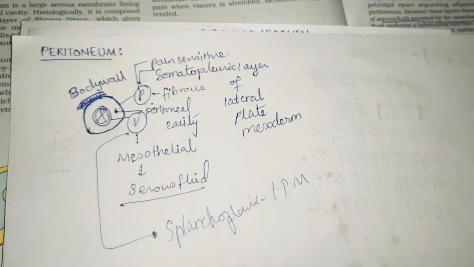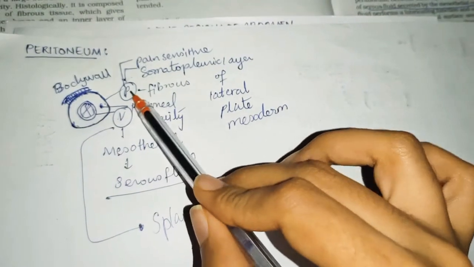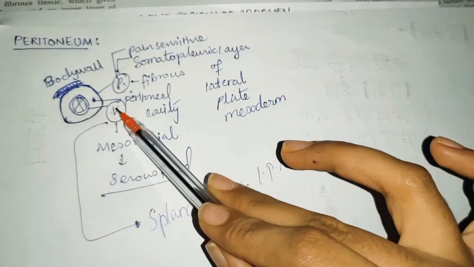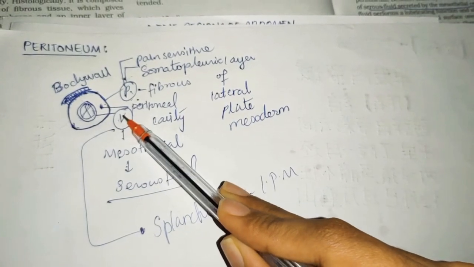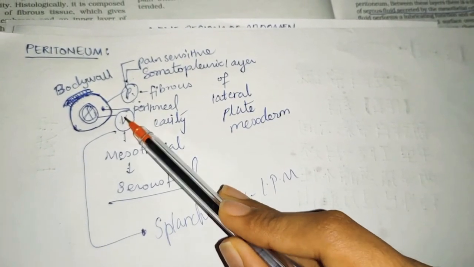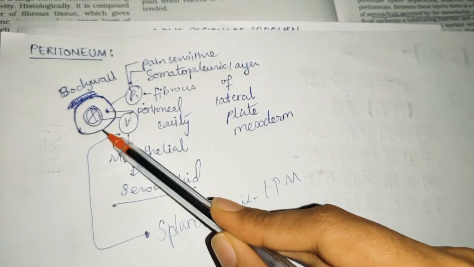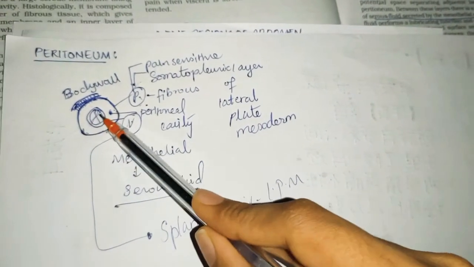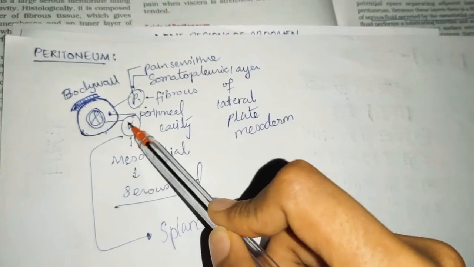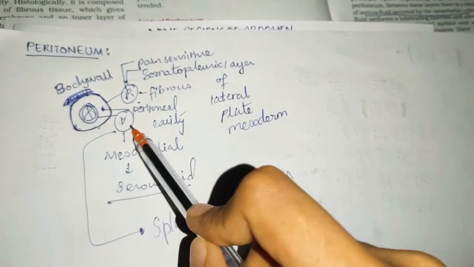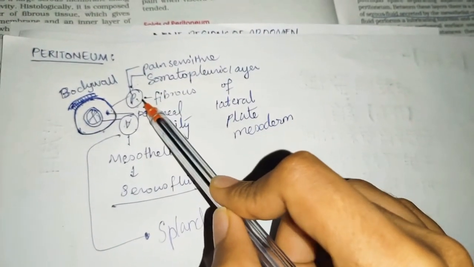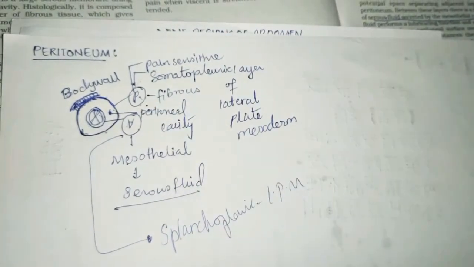It has autonomic innervation. So the parietal layer has somatic innervation, whereas the visceral layer has autonomic innervation. The visceral peritoneum also evokes pain when the viscera is stretched, ischemic or distended. Remember, it is autonomic innervation, whereas the parietal layer is by somatic innervation.